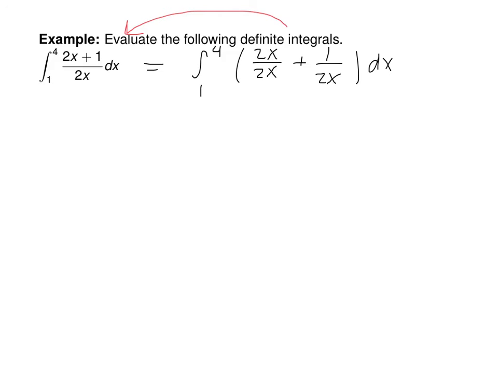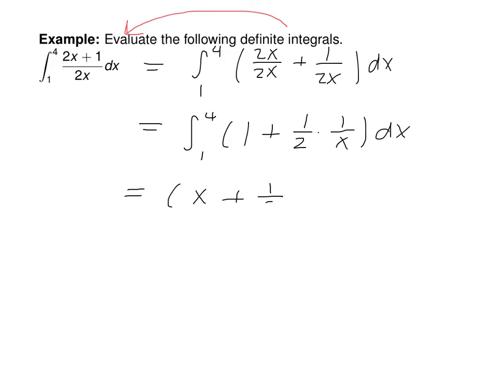Okay, now that simplifies down to 1 to 4, 1 plus 1 over 2 times 1 over x. So the antiderivative of 1 is just x. The antiderivative of 1/2 times 1 over x will be 1/2 ln absolute value of x. And once again, we'll go this time from 1 to 4.